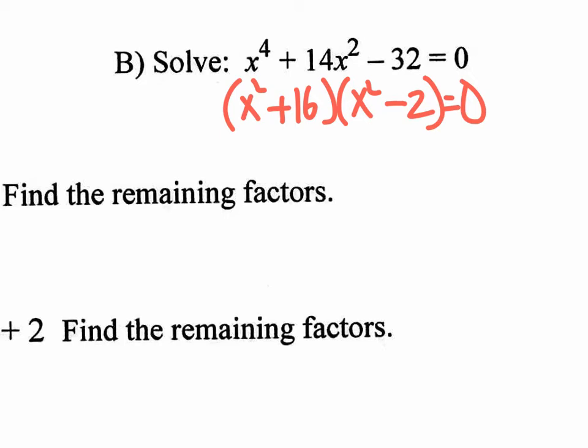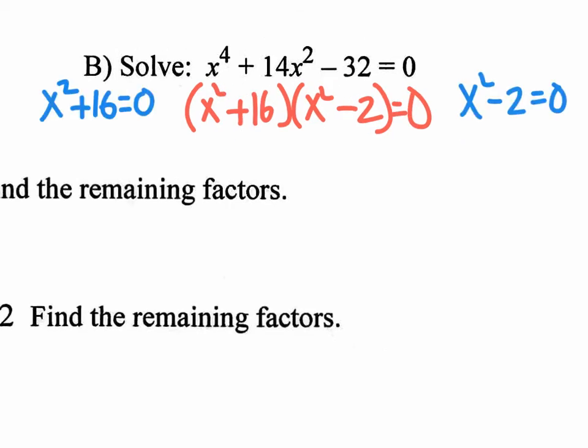So now, since I have something times something equals 0, let's split them and set them each equal to 0. So I actually split them this way. And let's solve this guy. It's going to be x squared equals negative 16. If you subtract 16 on both sides, x squared equals negative 16. And of course, I need to apply a square root and a square root.